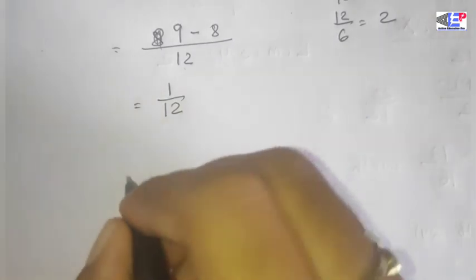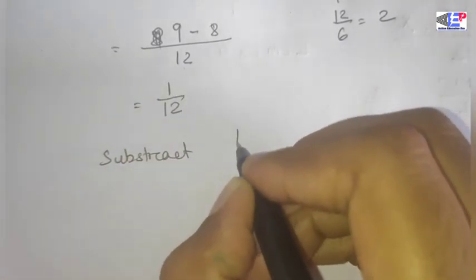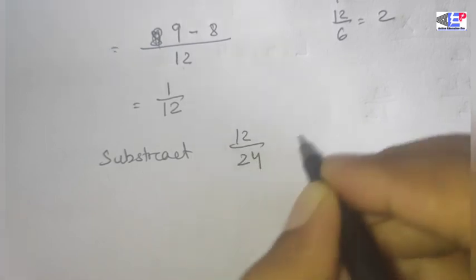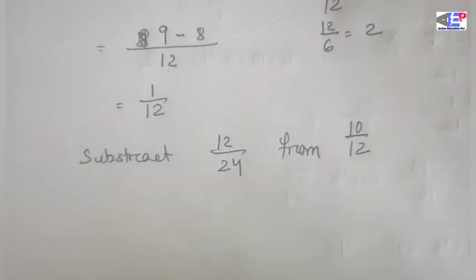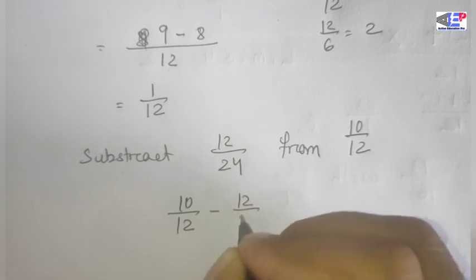Next example. Subtract 12 by 24 from 10 by 12. So first write it as 10 by 12 minus 12 by 24.